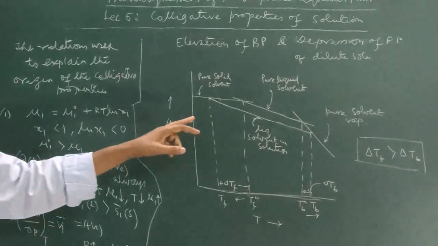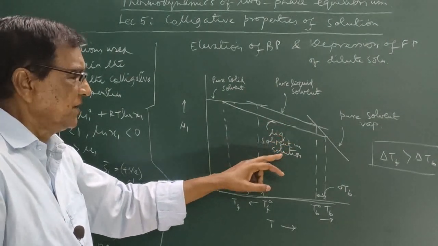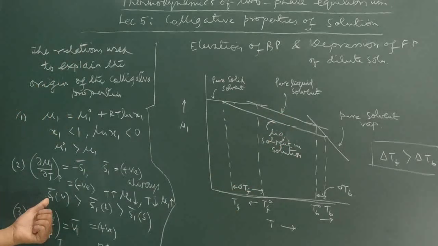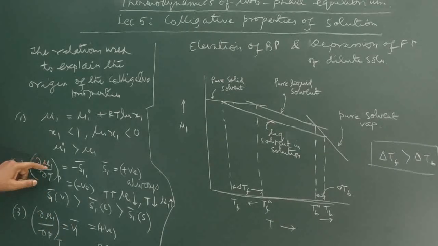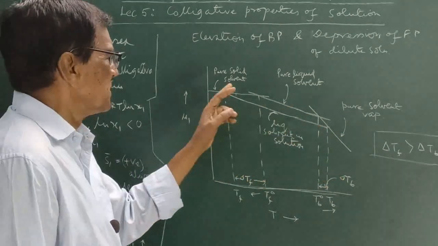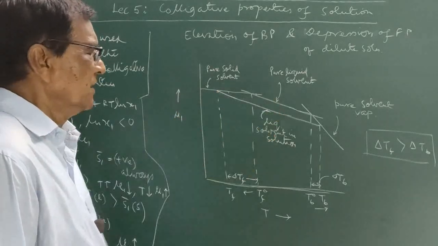The chemical potential of the liquid solvent in solution is less than that of the pure solvent. Also here you can see the decrease of the chemical potential with temperature is the highest in case of vapor, lowest in case of pure solid, and in between is the liquid.